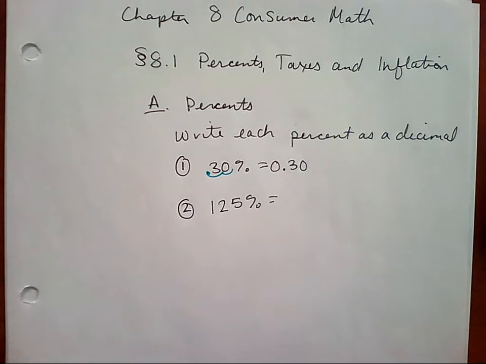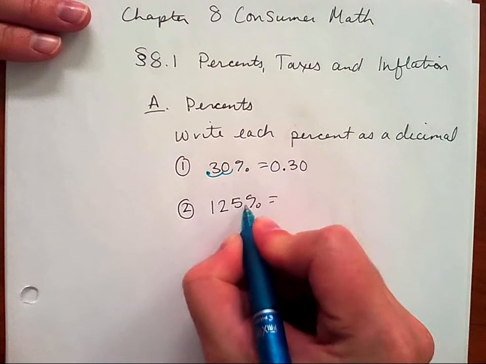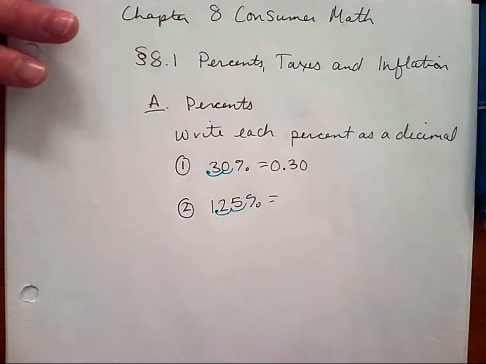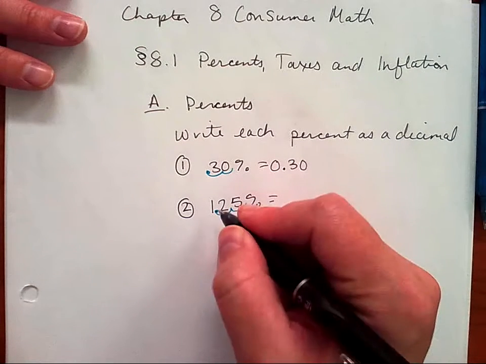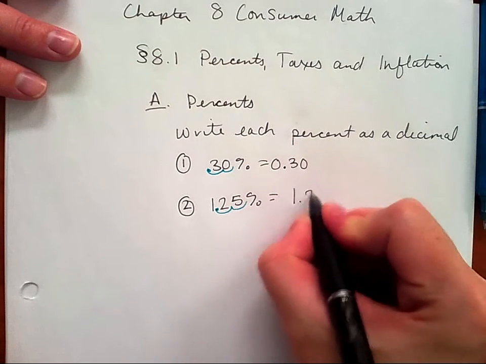How do I write 125% as a decimal? Well, I still move my decimal place to the left twice, and that's it. I don't care what number I get. If it says something percent, I'm moving my decimal place to the left twice.